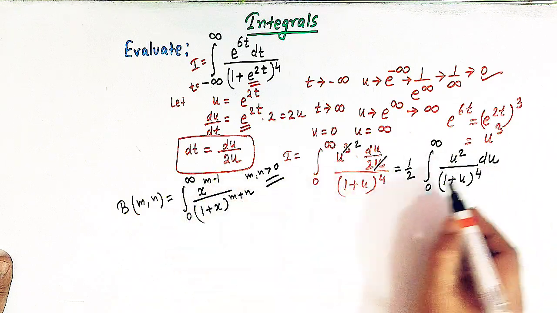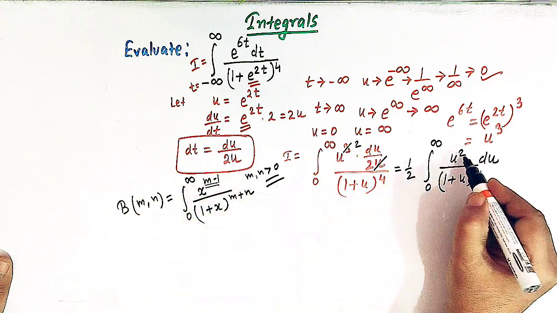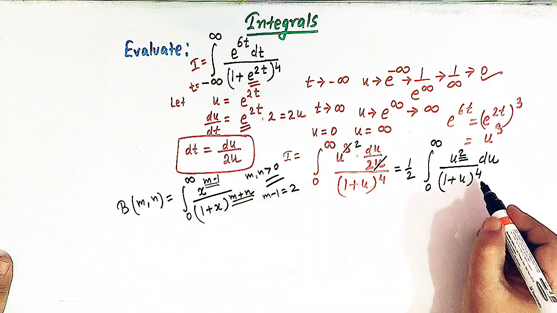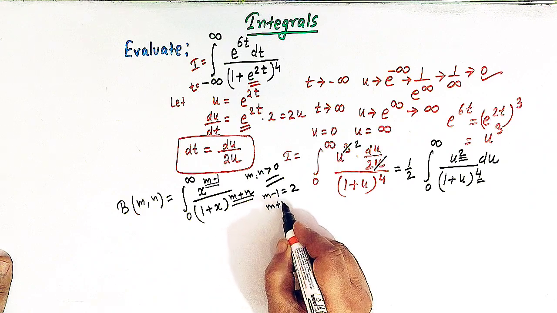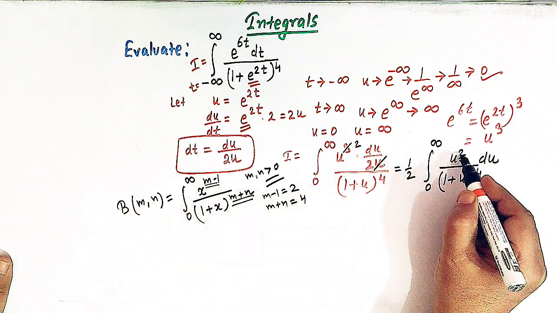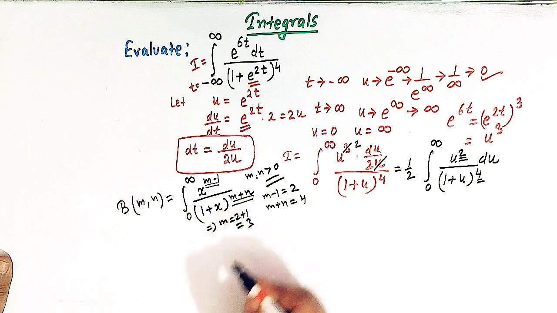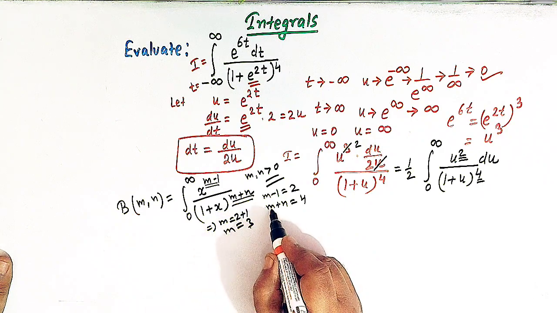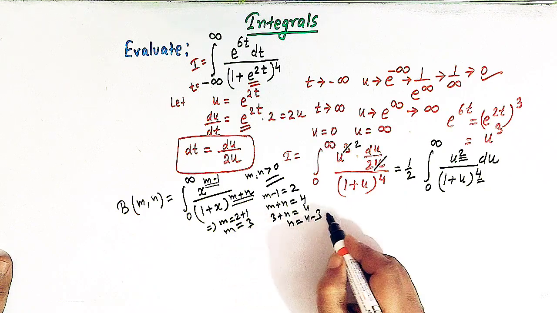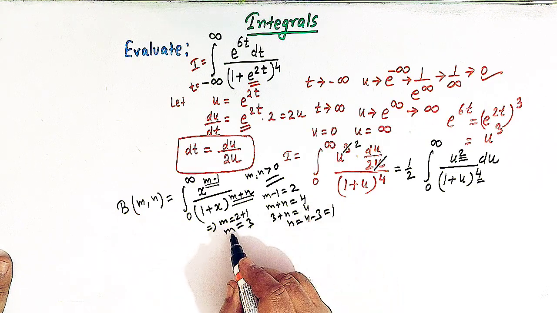So we can form two equations in m and n. m minus 1 can be equated to 2, and m plus n can be taken as 4, so that we can find the values of m and n. m minus 1 is equal to 2, so m is 2 plus 1, that is 3. Taking m equal to 3 in the other equation, 3 plus n equals 4, so n is 4 minus 3, that is 1. So the value of n is 1 and m is 3.